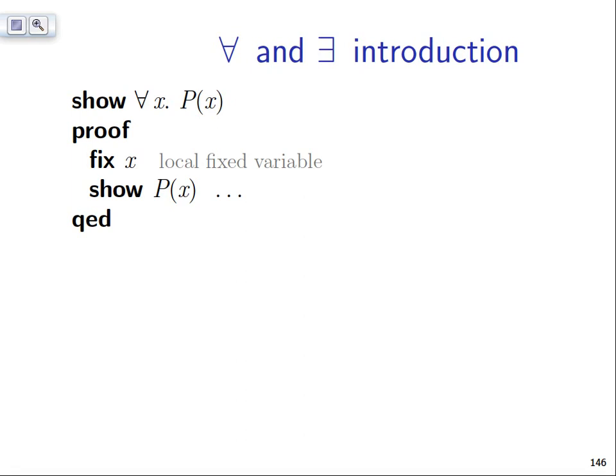Okay, so there is a difference between the theorem P of x and for all x P of x. Yes. It's a syntactic difference. You can, from one, derive the other. That's why you leave out the quantifiers as much as you can.